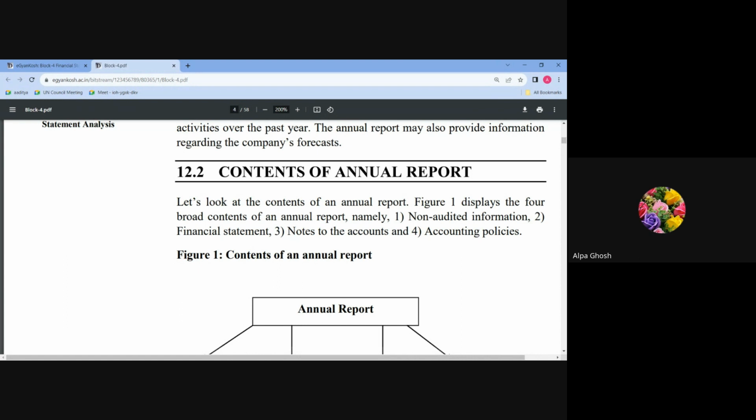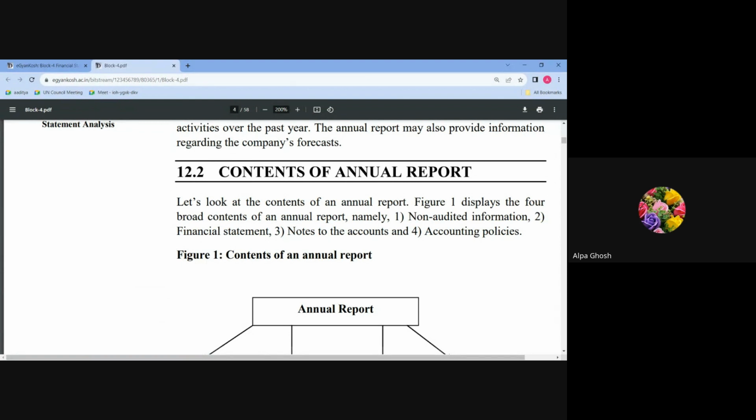One is non-audited information, that is general information provided by the company, information regarding the company. The second is the statements, which are audited. The CA has verified the transactions. Then there are certain amounts displayed in the financial statement. The summary of those statements is the notes to the accounts.